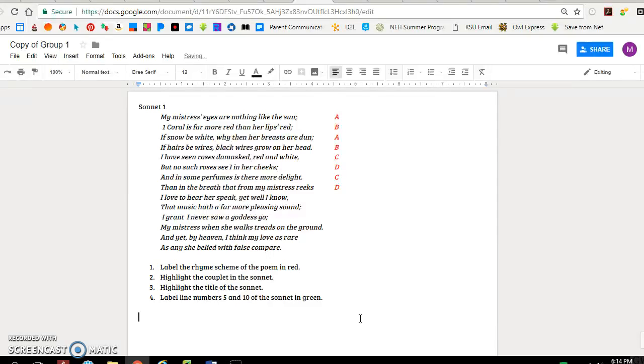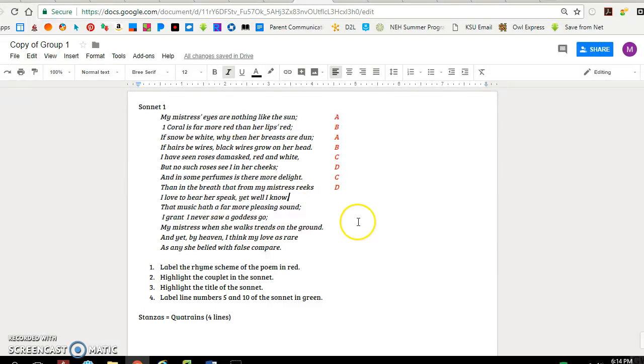So you can write down stanzas equal quatrains, which is 4 lines. Think about the word qua, kind of looks like quarter, 4, make $1.